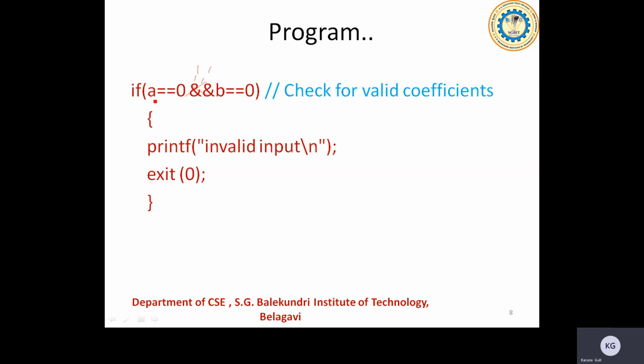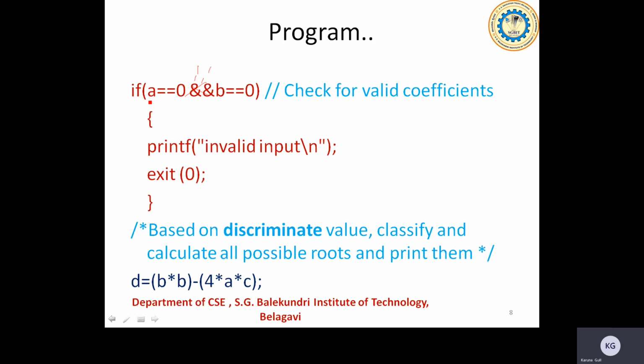So a is equal to 0 or b is equal to 0, then we don't have the right coefficients. So we are just printing it as invalid inputs and coming out of the program. Exit 0 corresponds with the standard library header stdlib.h. If you don't include it, you are unable to use this exit 0.